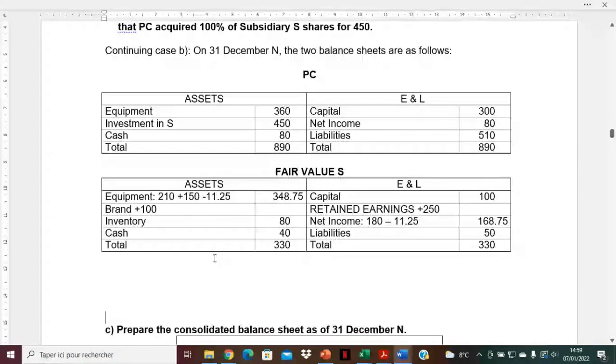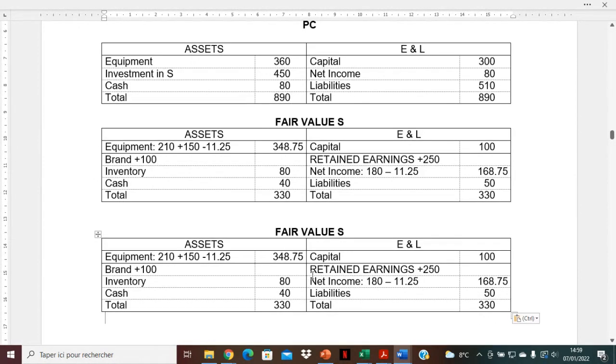Okay, once I have this, the next step, and here again I use the balance sheet of the subsidiary, we have to prepare the combined balance sheet. Okay. That means I take the asset value of the subsidiary, plus the equipment value of the parent.